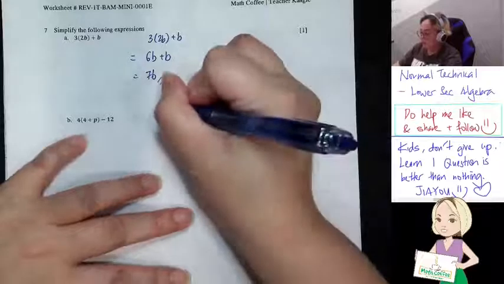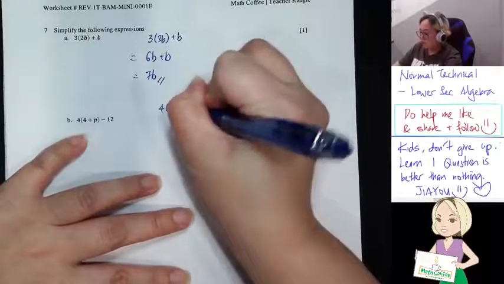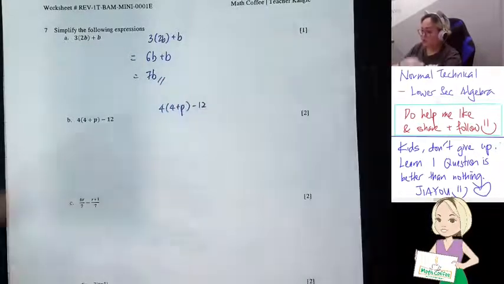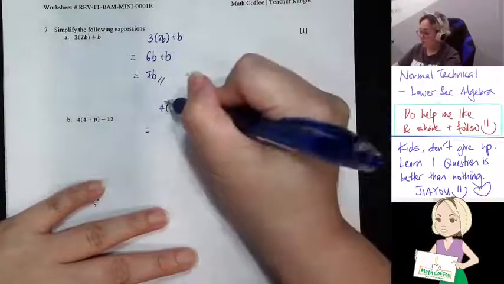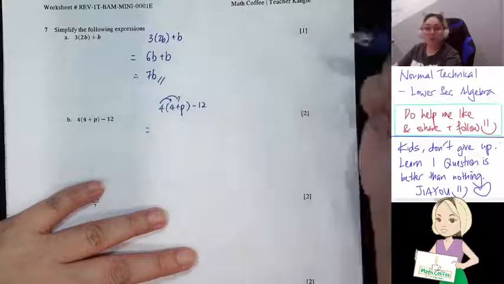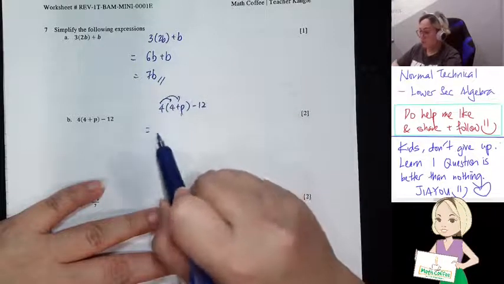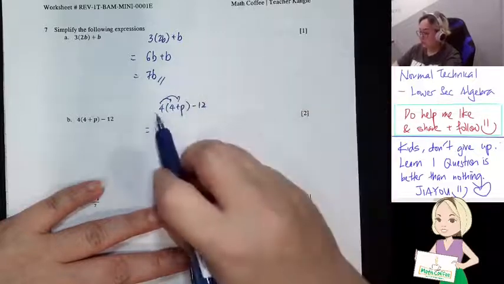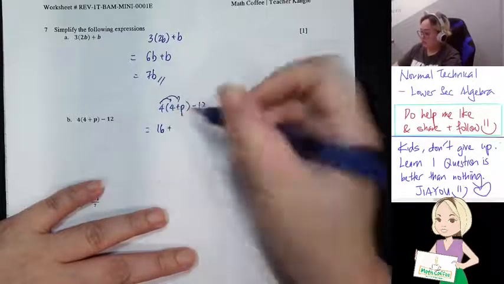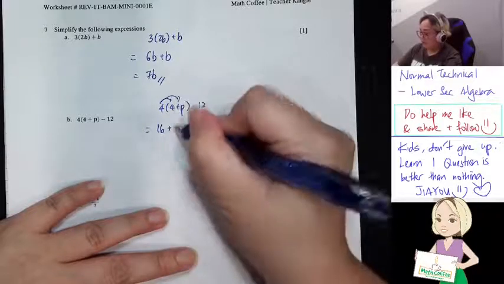Now over here, 4 rainbow with 4 plus p, and then after that minus 12. They want you to simplify this, so we do our rainbow first. This one times this one, this one times this one. Positive times positive is positive, 4 times 4 is 16. Then 4 times p gives 4p.